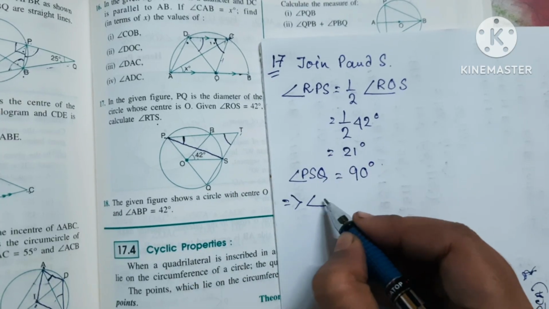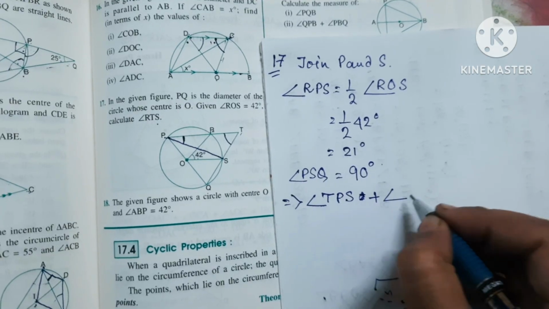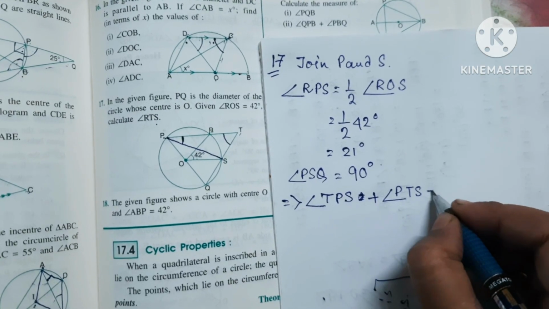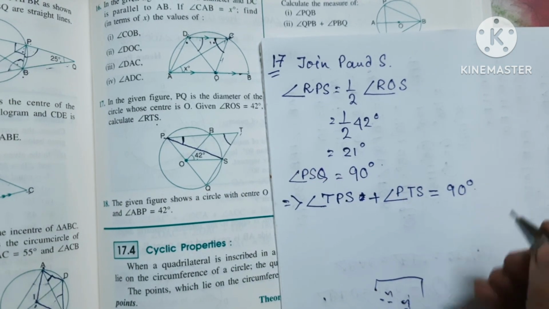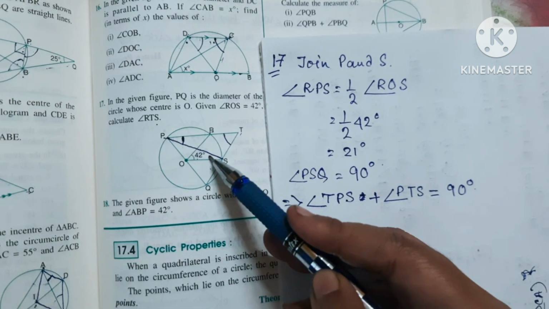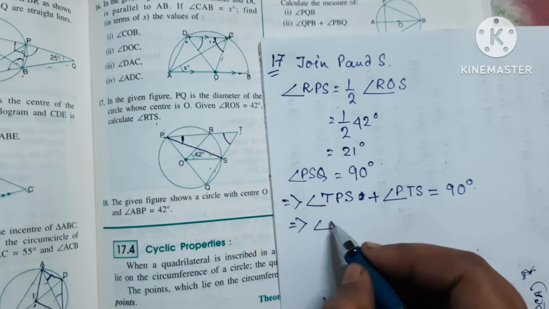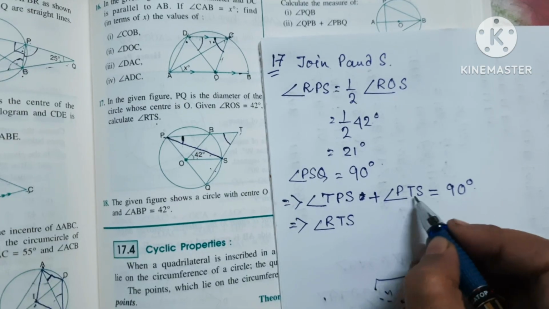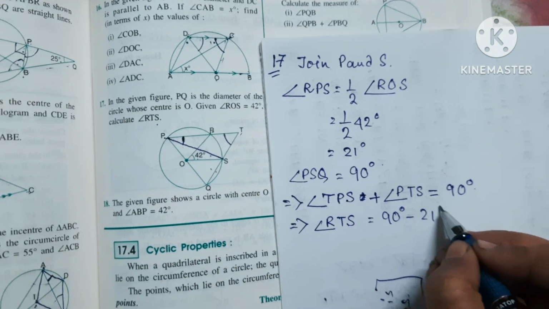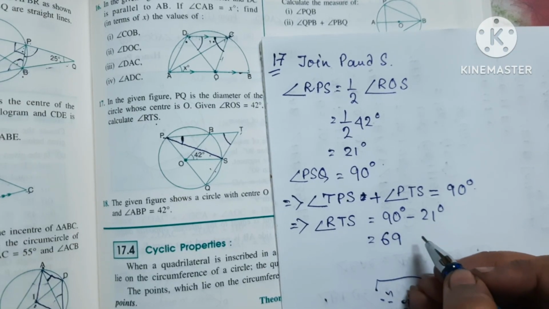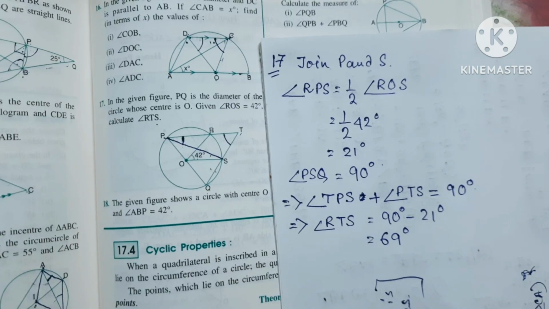So that means angle TPS or RPS plus angle PTS, PTS or RTS, whatever may be, they are equal to 90 degree, right? Sum of these two angles is equal to that extension angle. So angle RTS or PTS is equal to 90 degree minus this angle RPS, that is 21. So 69 degree. RTS will be 69 degree.